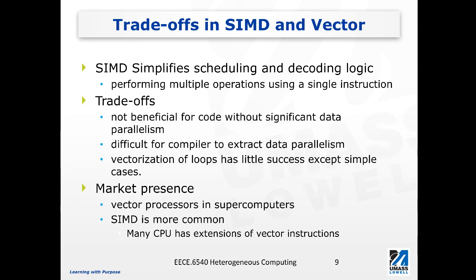In reality, in the commercial processors available, vector processors are often used in supercomputers, whereas SIMD is more common in these desktop and server processors where the CPUs can have extensions of vector instructions.